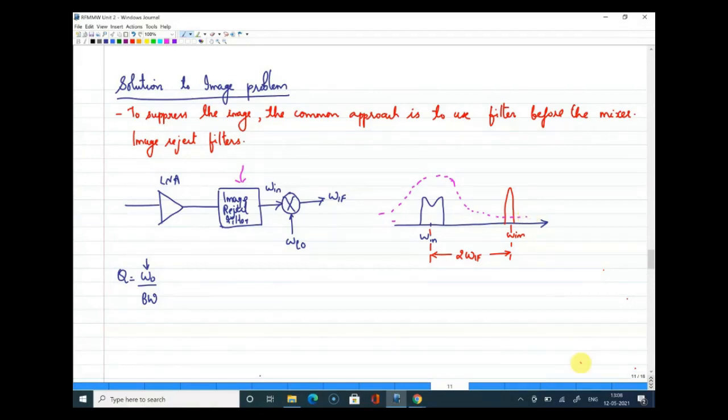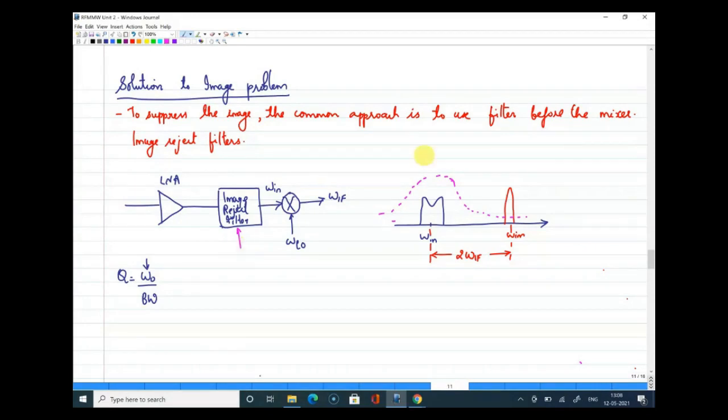You can see on the screen that there is a signal and there is an image, and you are introducing a filter here between the LNA and mixer, and we call it an image reject filter. Now, if you want to remove images completely, what should be the condition? Why I'm asking is that we know the input signal and image frequency are located at a distance of 2 omega IF.